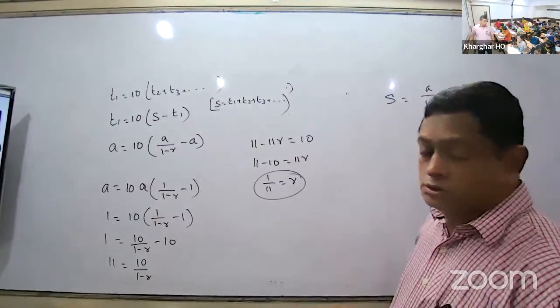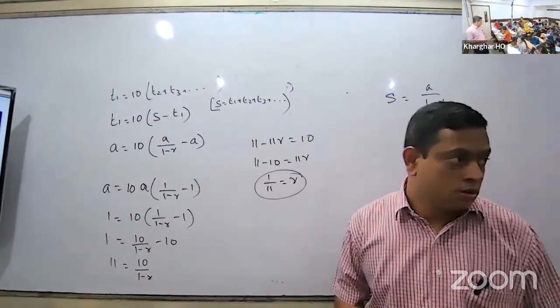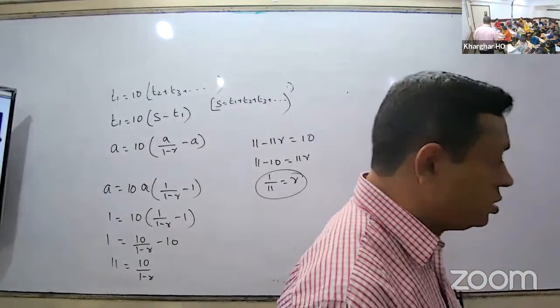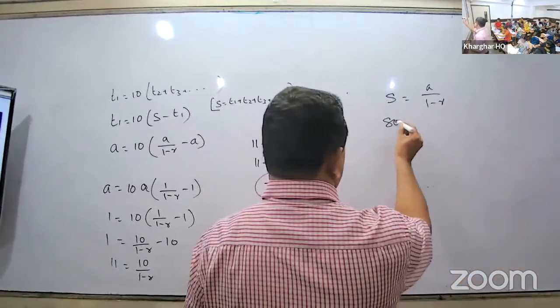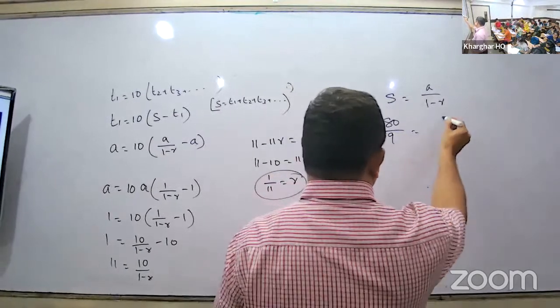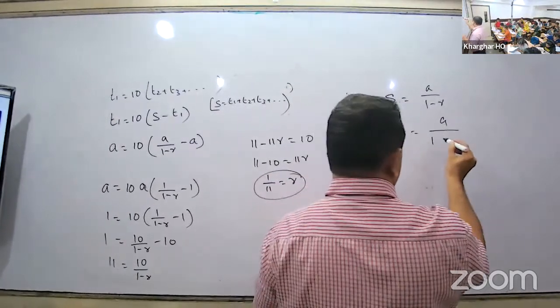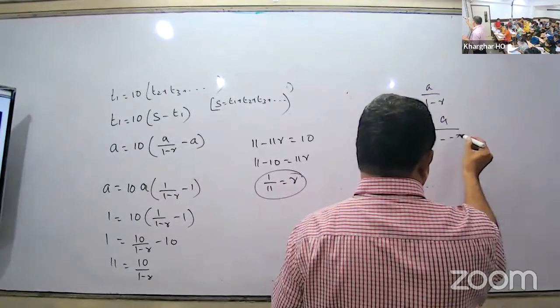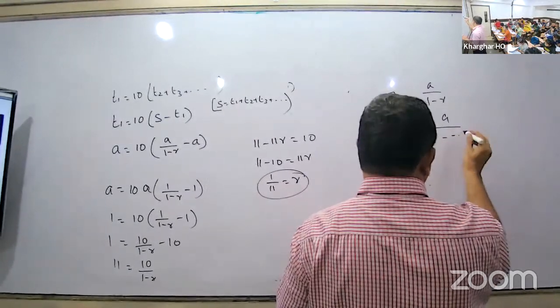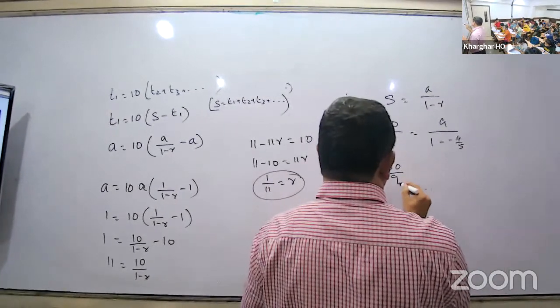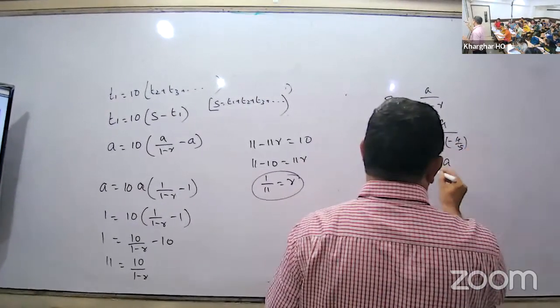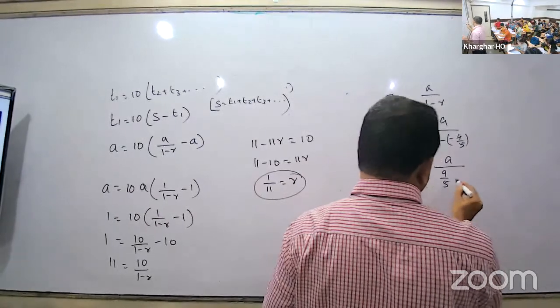Substitute. Yes, sir. 16. What is the value of S? 80 upon 9 is equal to A upon 1 minus R. What is the value of R? Minus 4 upon minus 5. 4 plus 5. Yes. 9 by 5.